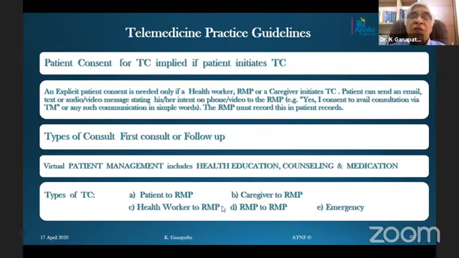However, in case you are giving a consultation as a second opinion to another doctor who is talking on behalf of the patient or who wants a second opinion, it is necessary that you get a written consent, which is recorded electronically from the patient permitting this. Similarly, a caregiver.